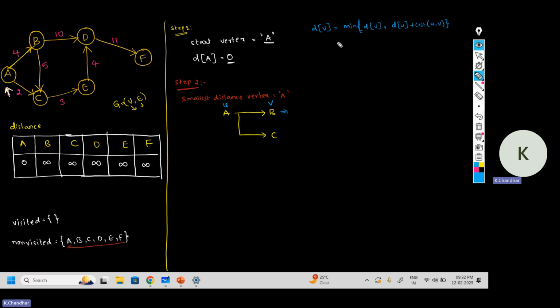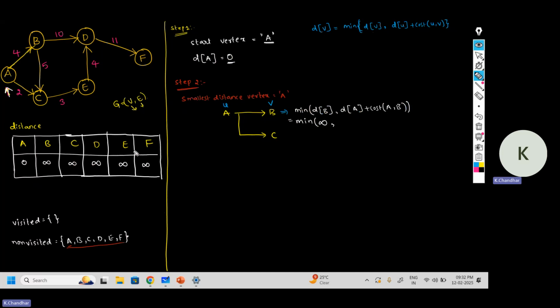So if I substitute this U comma V, let me know what are the updated values. So distance at V, meaning distance at B, comma, distance at A plus cost between A comma B. Okay. I am writing only for this first one. From the second one onwards, I will directly write the values. So here, what is the distance at B? Minimum. What is the distance at B? Infinite.